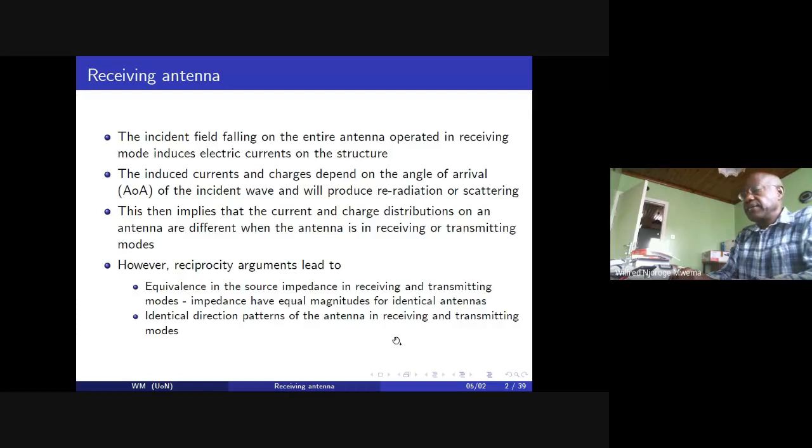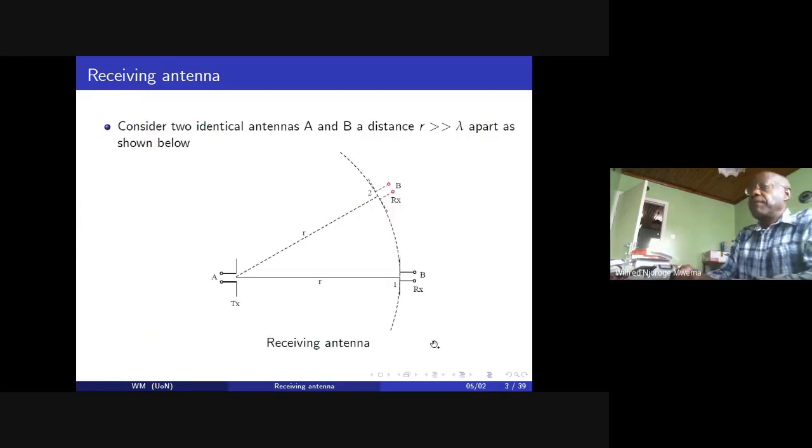The direction patterns of the antenna, that is the radiation patterns in receiving and transmitting modes, will be the same. Therefore we consider two identical antennas, antenna A operated in the transmitting mode and antenna B operated in a receiving mode.